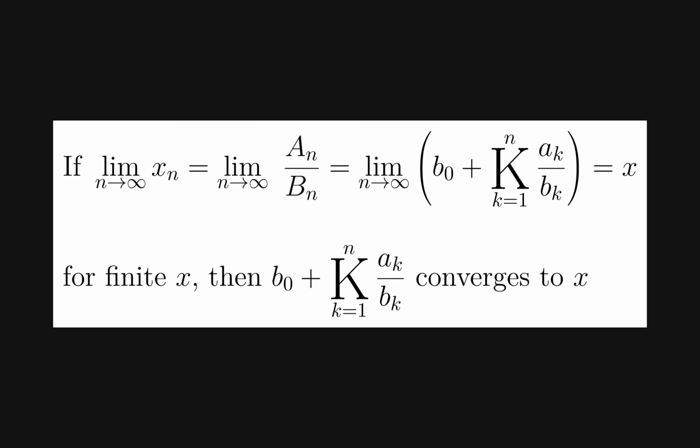But now, this doesn't actually converge for all values, and we want to figure out exactly for which complex numbers it converges. So I'm showing here on screen the definition, kind of like the limit of partial sums for summation, where these are the conditions for when the infinite continued fraction converges to some finite constant.